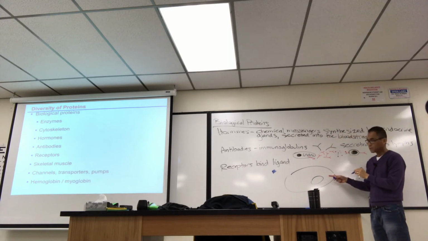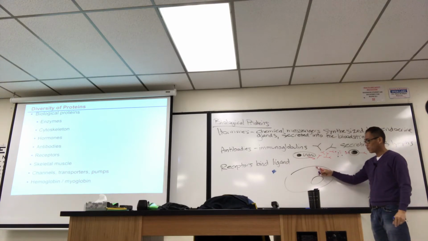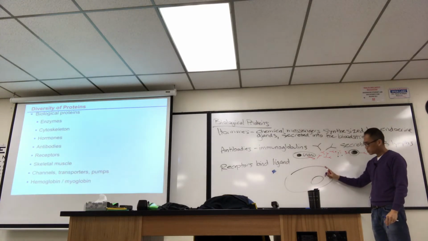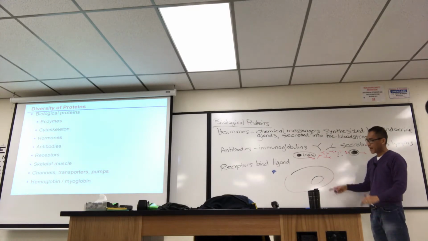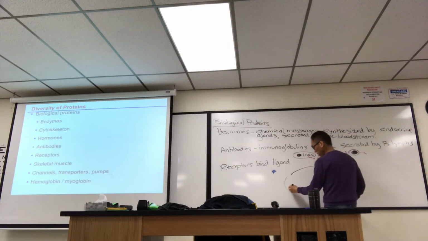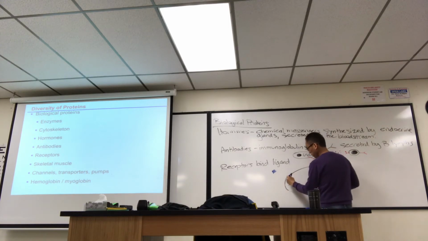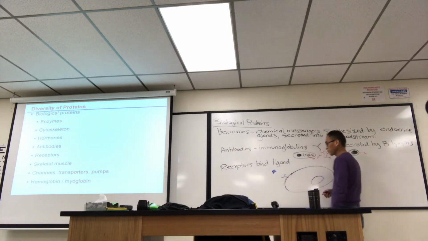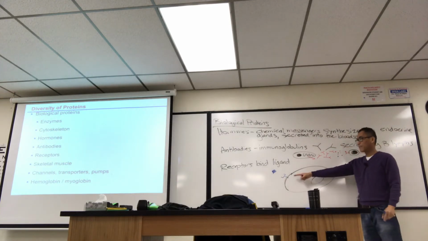But the thing is, it's a protein, and proteins don't diffuse well past the cell membrane. So this cell, when it makes the receptor, it has to present it on the cell surface. Okay, so that's an example of a cell receptor.